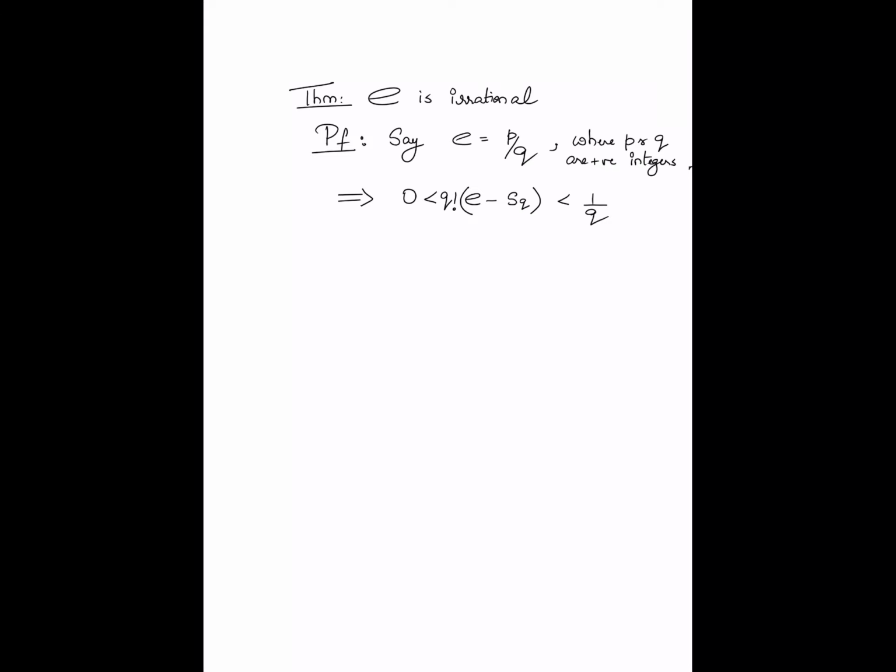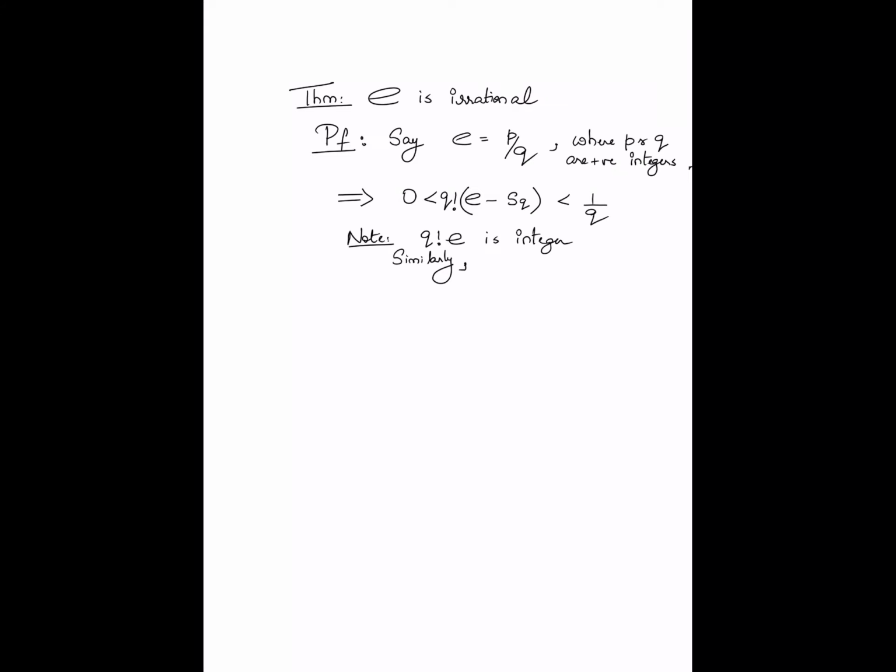Now we notice that Q factorial times E is an integer. Why? Because E is P by Q. If you multiply P by Q by Q factorial, you get an integer. Similarly, if you go back to the definition of SQ, you have terms with denominators with factorials less than or equal to Q. The largest denominator among all the terms is Q factorial.